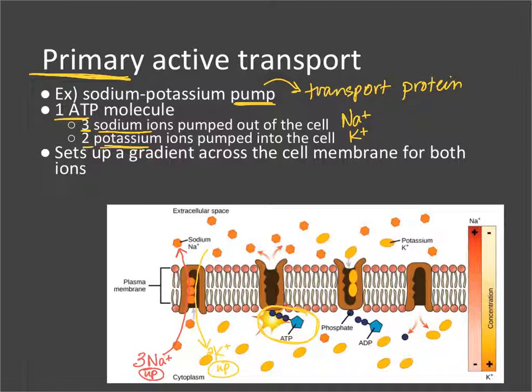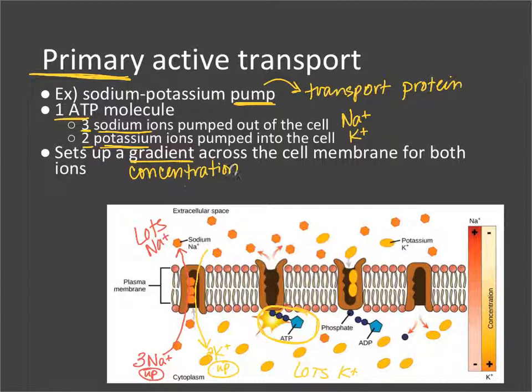So what we end up with is a lot of sodium on one side of the cell and lots of potassium on the other side of the cell because of this pump mechanism. And this actually sets up a concentration gradient across the cell membrane for both of these ions.